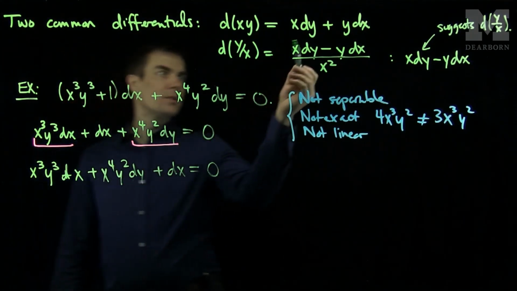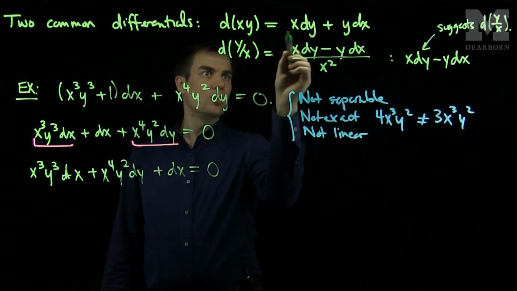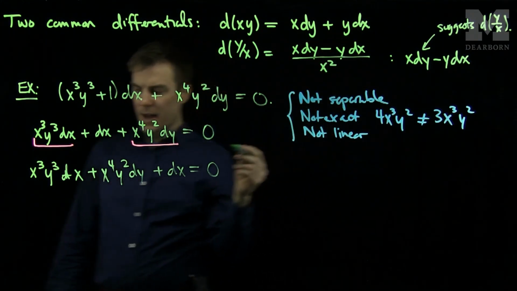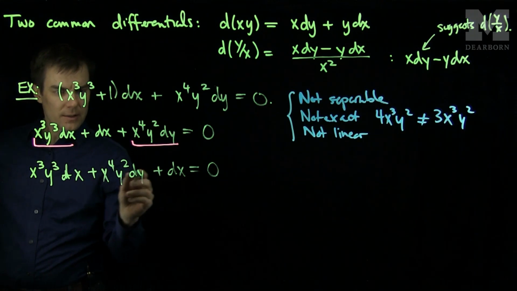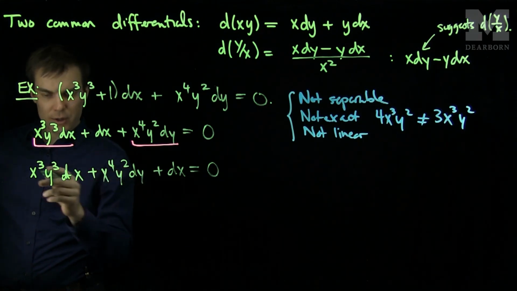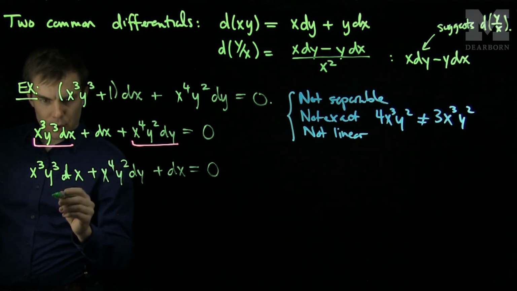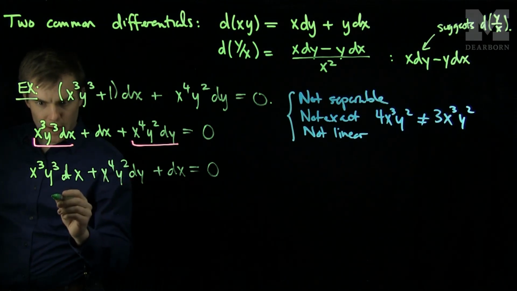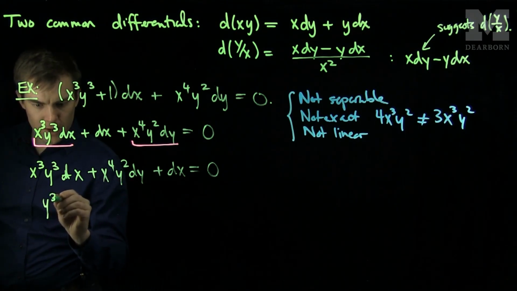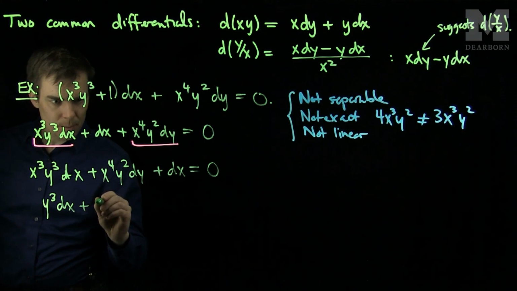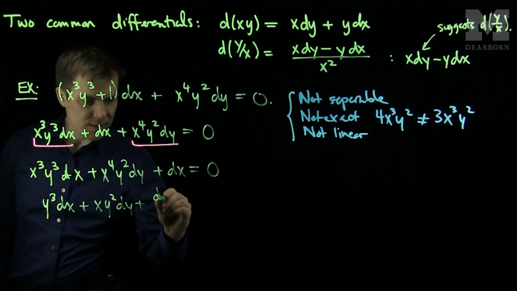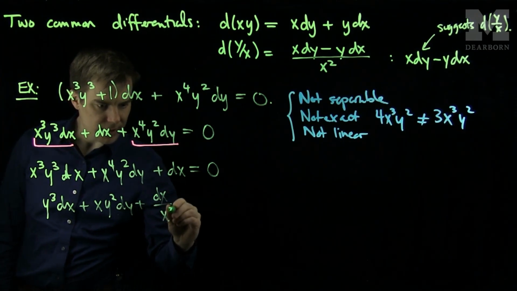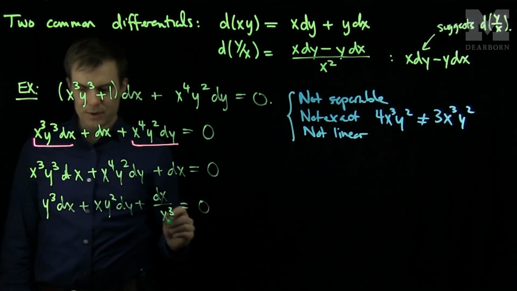Now I'd like to make use of this formula that the derivative of x times y is x dy plus y dx. So I want to see a y dx over here. So what I will do is divide the entire equation by x cubed. If we divide the entire equation by x cubed, we will have y cubed dx plus x y squared dy plus dx over x cubed equals 0.